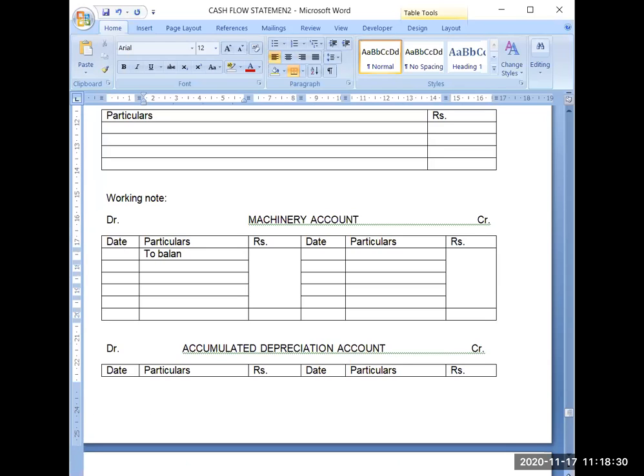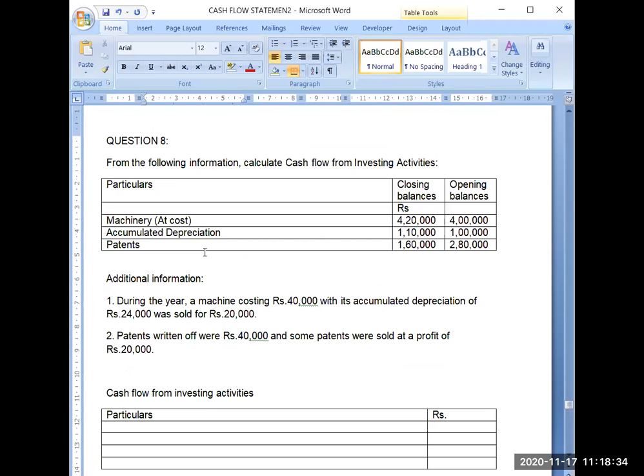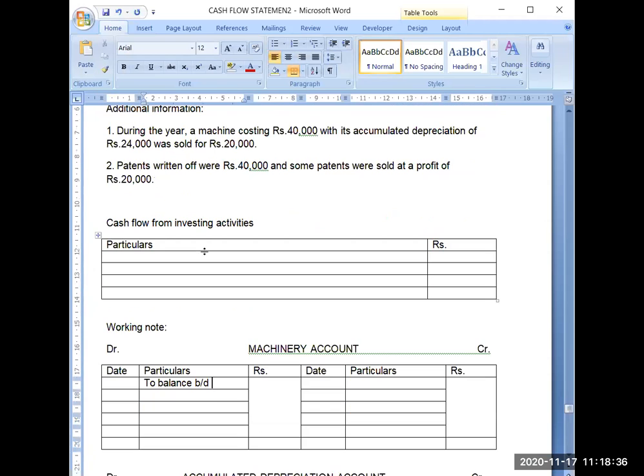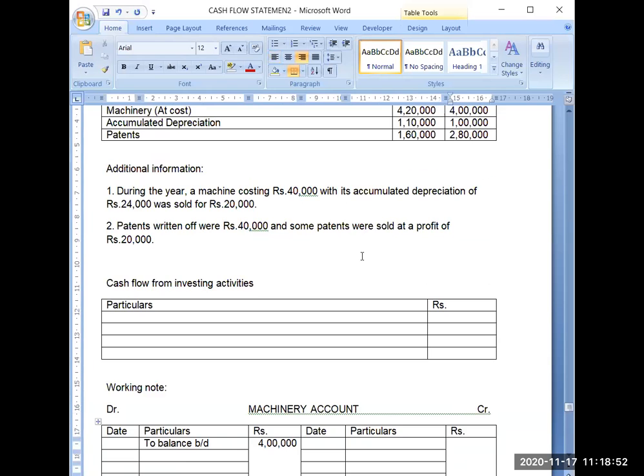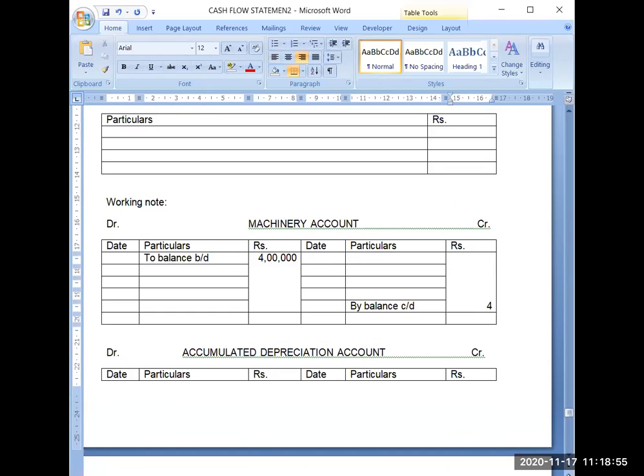To balance brought down. Opening balance is given as 4 lakh. Then we will write the closing balance after leaving 3-4 lines, by balance c/d. And the closing balance is given as 4,20,000.